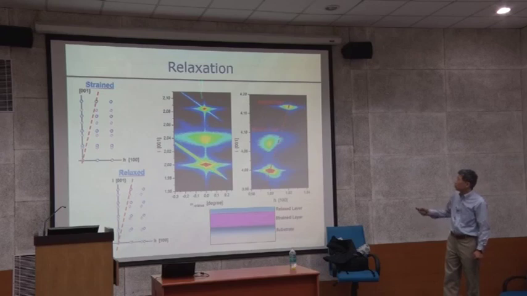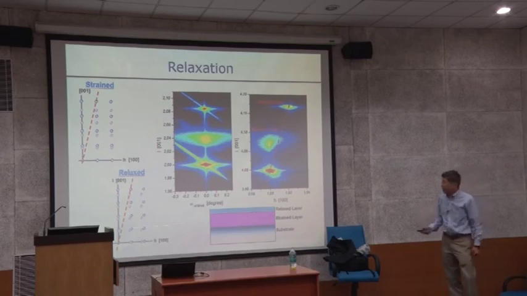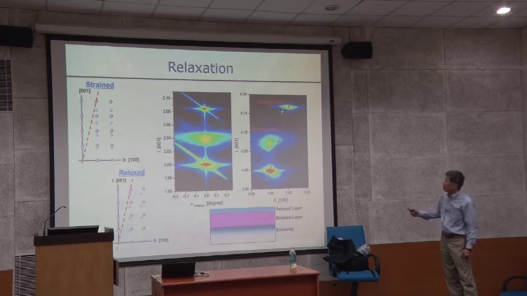Once it's strained, perfectly strained, these two layers are strained. But this one is relaxed. So the actual structure here is one layer strained, one layer relaxed. And this strained layer is lined up on top of each other. And then the relaxed layer on top is not lined up.